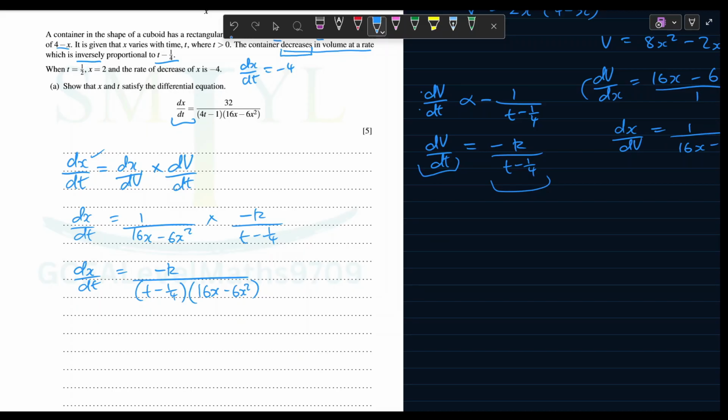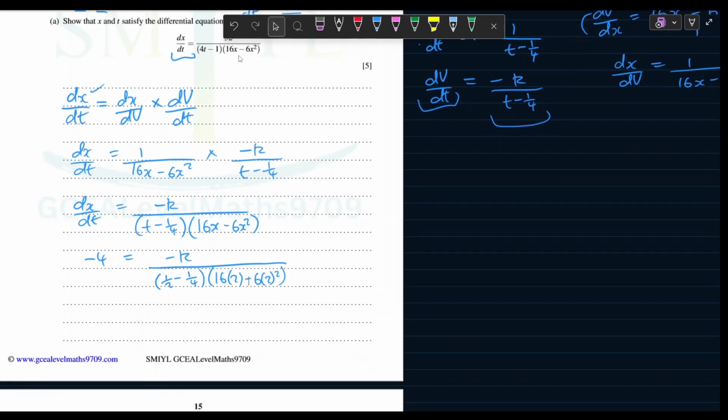All right, and we need to find what k is. We've been given t, x, and dx/dt, so we can do that. So dx/dt is negative 4, and this is equal to negative k over, t is going to be 1 over 2, and x is 2. So 1 over 2 minus a quarter times 16 times x, which is 2, minus 6 times 2 squared.